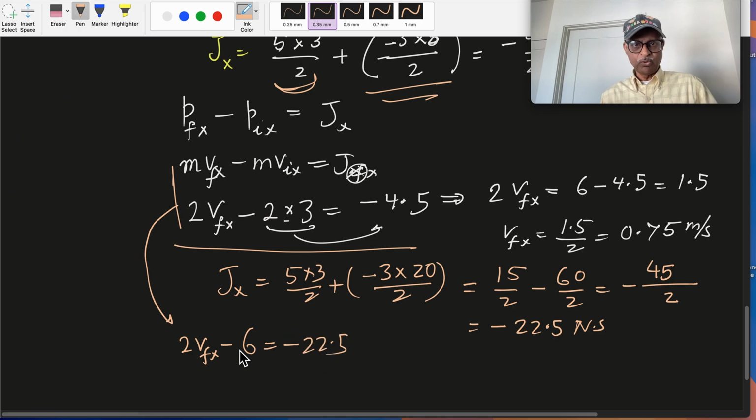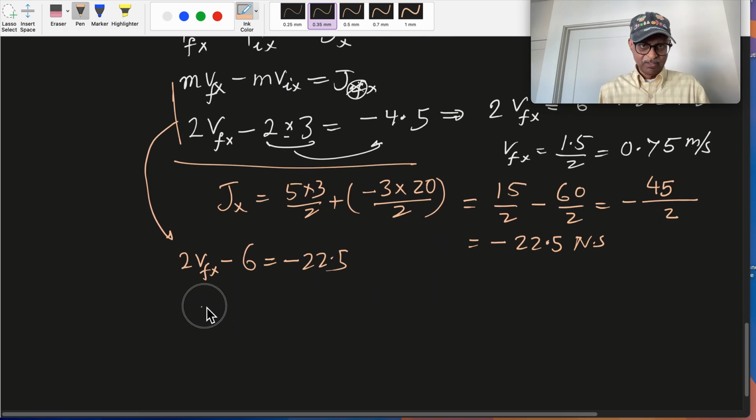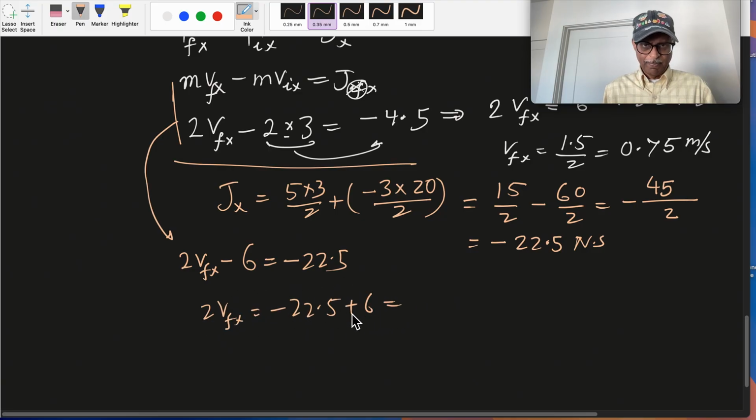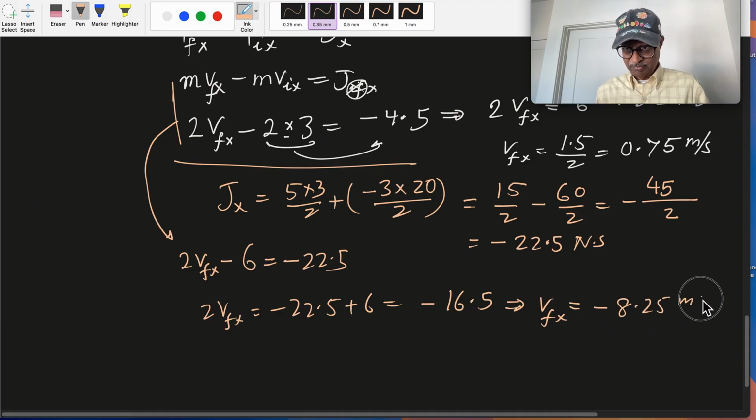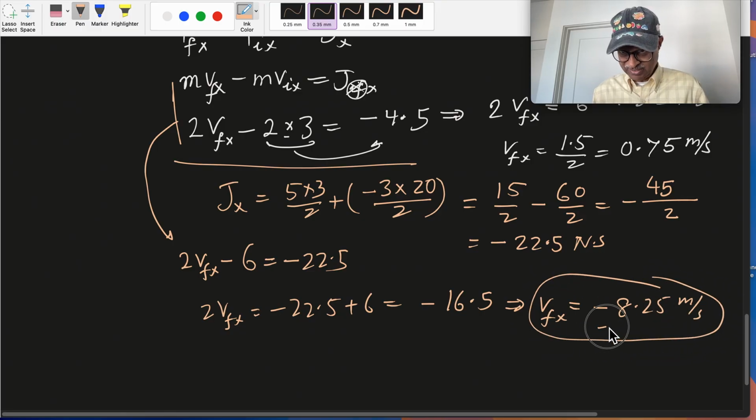Now this will overwhelm that guy. So 2v equals minus 22.5 plus 6, so minus 16.5. So v final x is equal to minus 8.25. I hope I didn't make some calculation error. My intent is to get this negative.